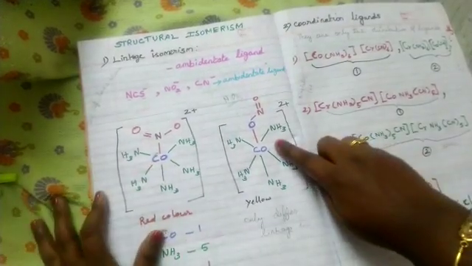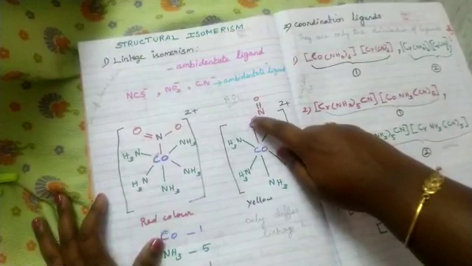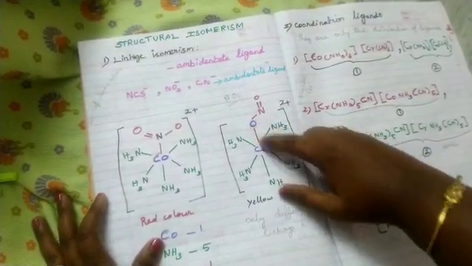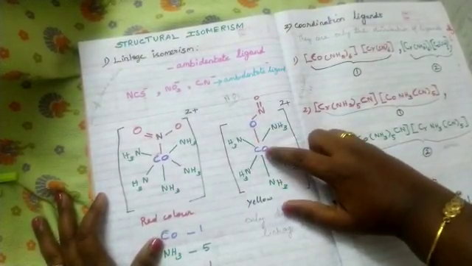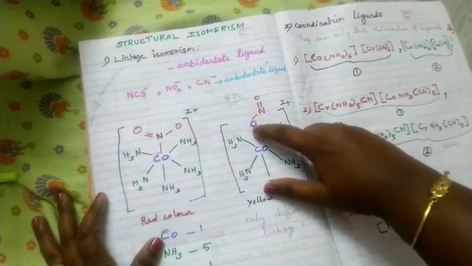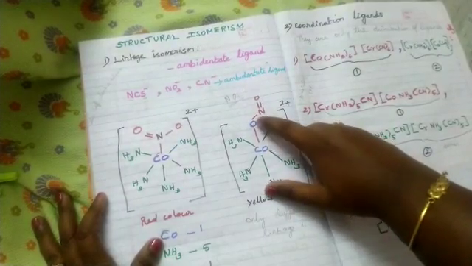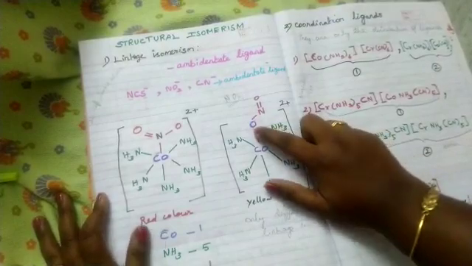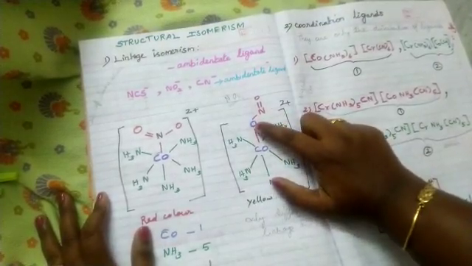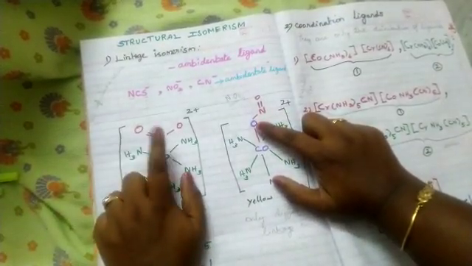But in this complex, the oxygen is coordinated to, or connected to, the cobalt. That means the oxygen donates the electron to the central metal atom. Here the oxygen acts as a donor atom, but there the nitrogen acts as a donor atom.